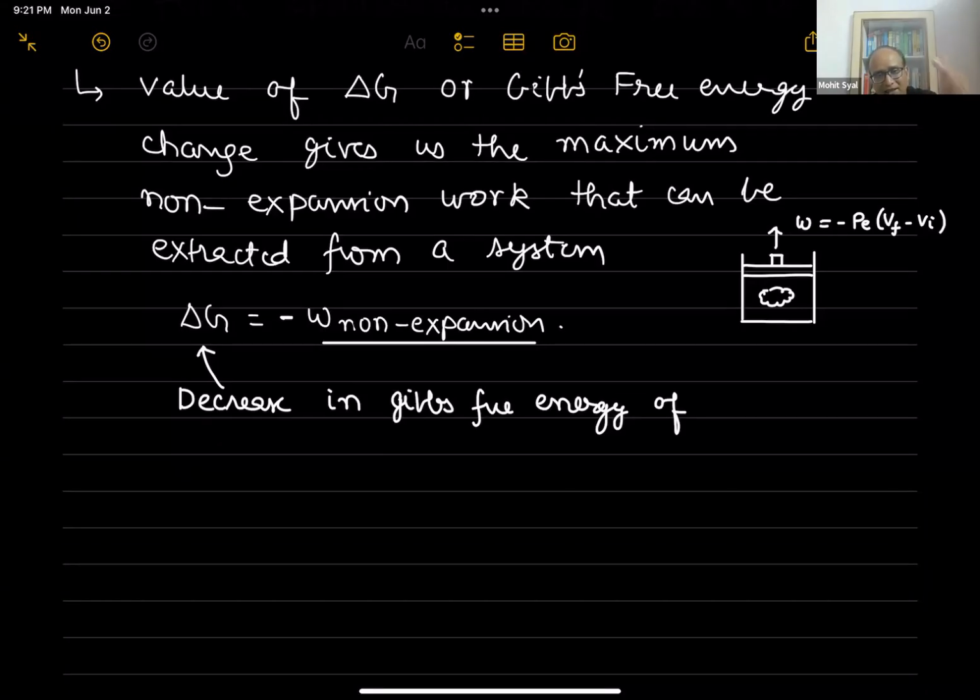The example is electrical work. There are certain reactions you have seen in class 10, redox reactions, right? You put a zinc rod in copper sulfate. What happens? Zinc sulfate and copper are formed. You have studied that in 10th class, right? So electron transfer is taking place. That can be used to make a cell. So that is also work. But is it something like expansion of gases happening? No, that is just the movement of electrons.